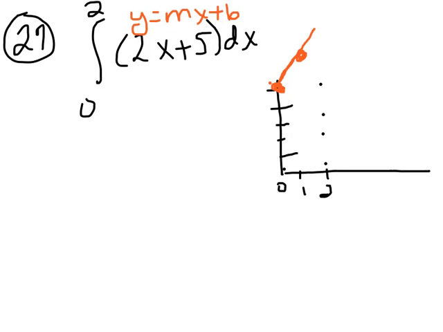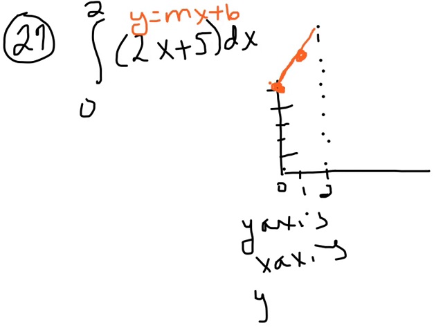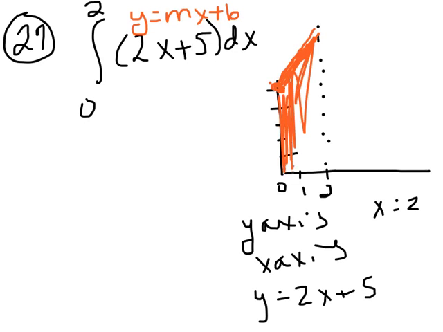It's the area bounded by the y-axis, the x-axis, the function y equals 2x plus 5 that I graphed in orange, and then the vertical line x equals 2. This is a very rough sketch, but this is kind of what they're asking you to do here.